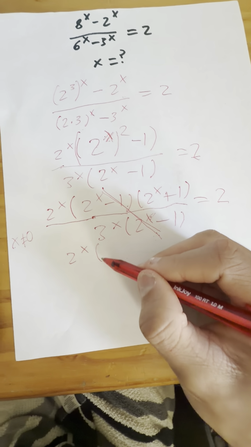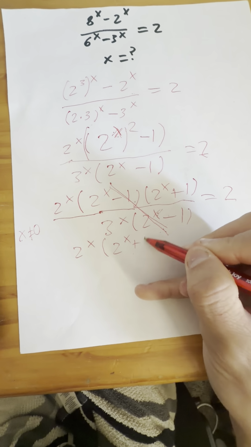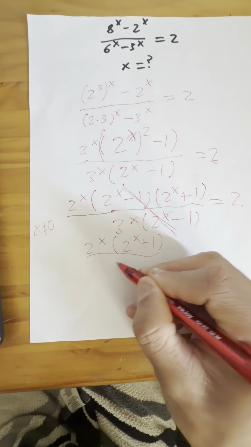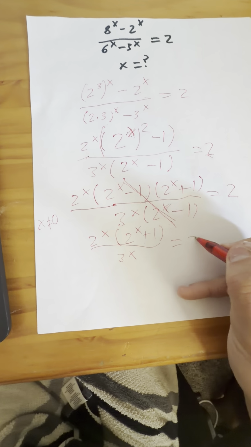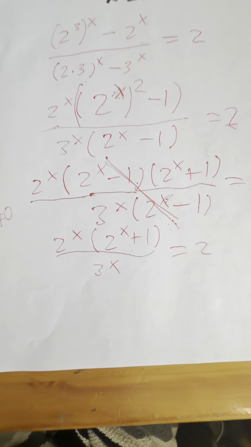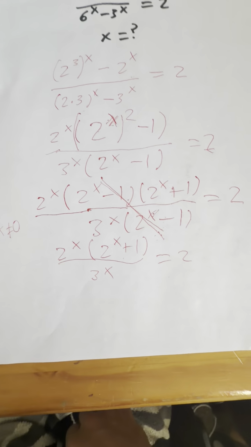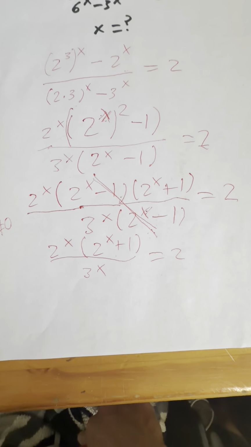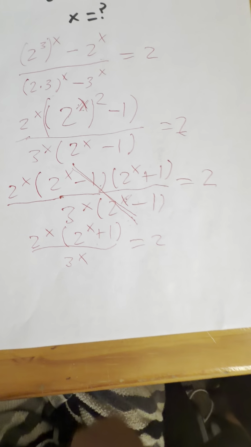So we're left with this: 2 to the power x times parentheses 2 to the power x plus 1, close parentheses, all over 3 to the power x equals 2.